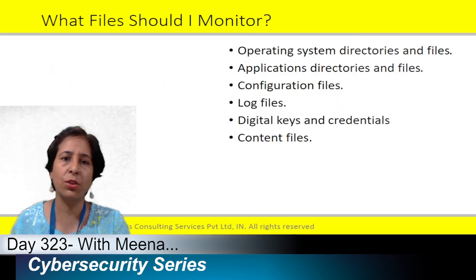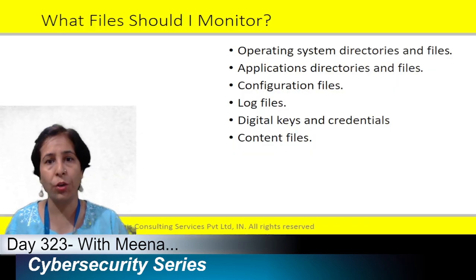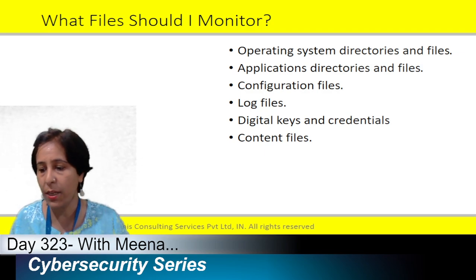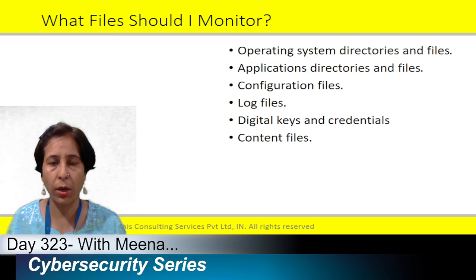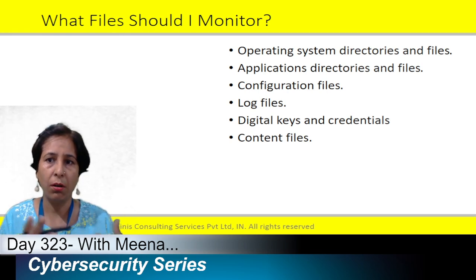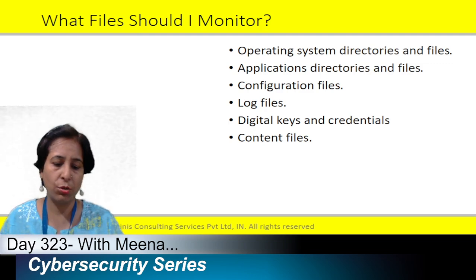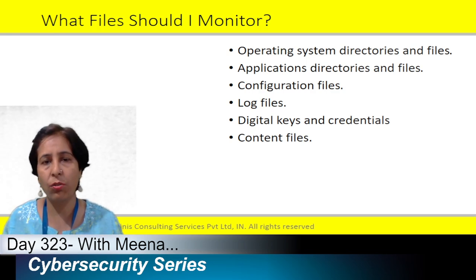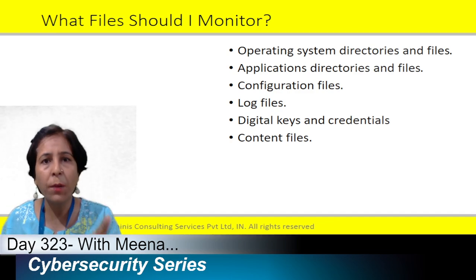Now the question comes, which files you should monitor. There are a number of files, and you need to decide what you want to monitor. First, your operating system files, or the files related to the binaries of your operating system, whether that's Linux, macOS, Windows, or any other Unix operating system you are using, you want to keep track.